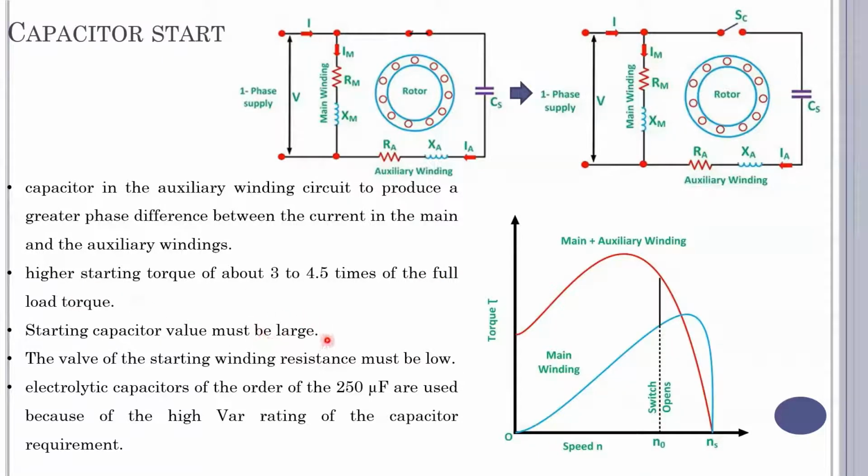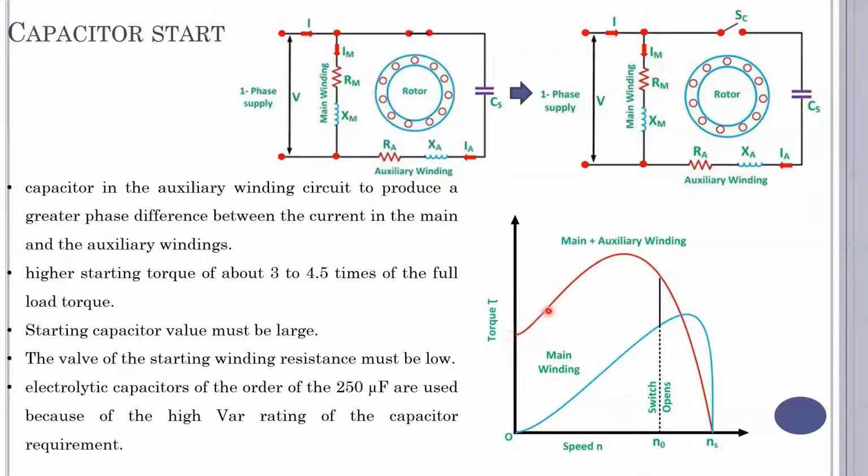For this type of motor, the starting capacitor should have a very large value of capacitance, and the starting winding resistance is also maintained low. In order to have a very high starting capacitor value, we use electrolytic capacitors, and the characteristic is as shown here.